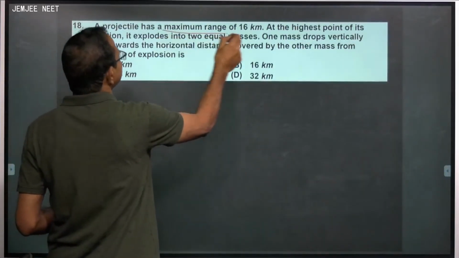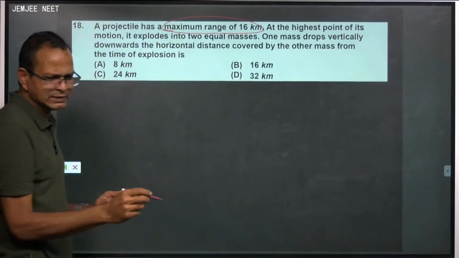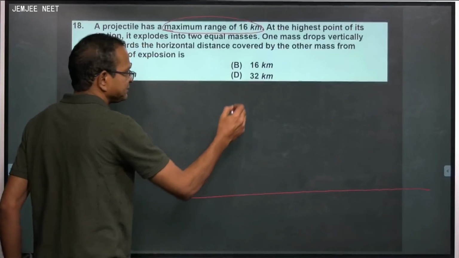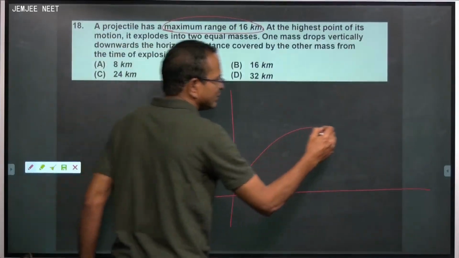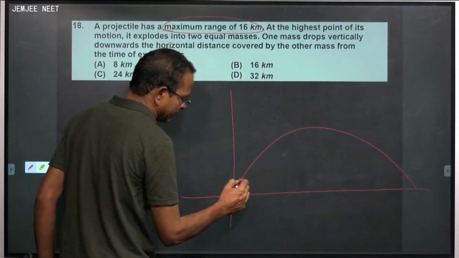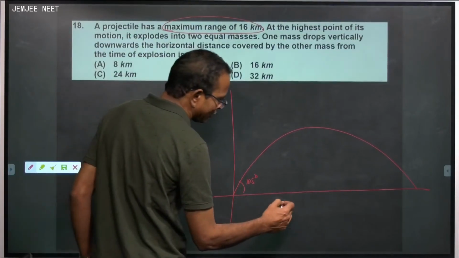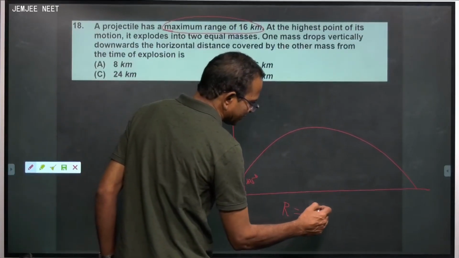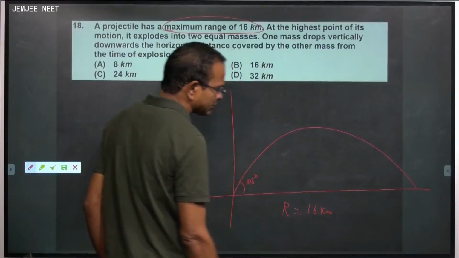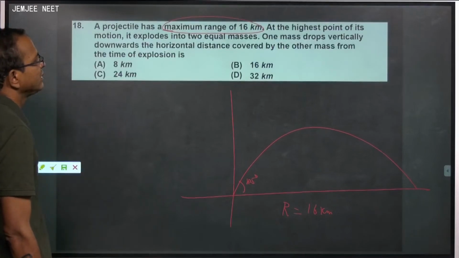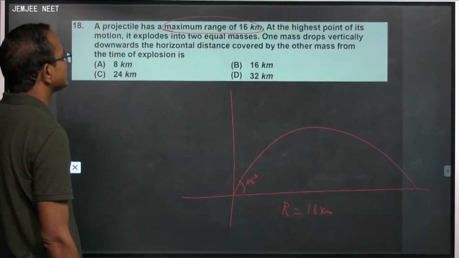By saying this maximum, what do they mean? Theta is equal to 45 degree. So indirectly they have said theta is 45. At the same time, range 16 km, you know, 16,000 meter. So huge. But at the highest point of motion it is exploded into two equal masses.